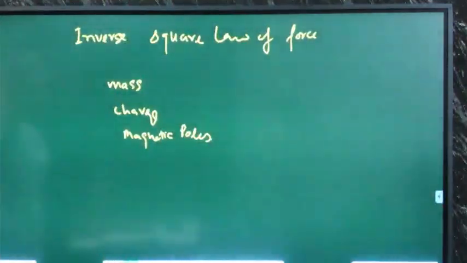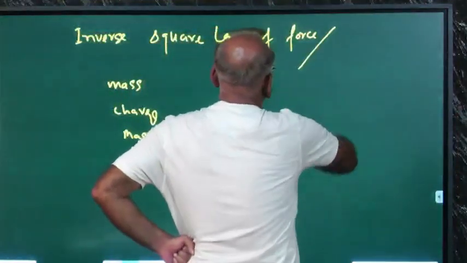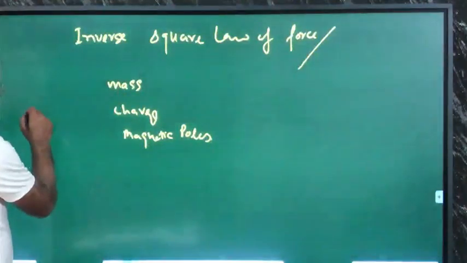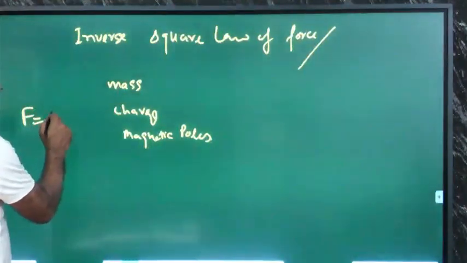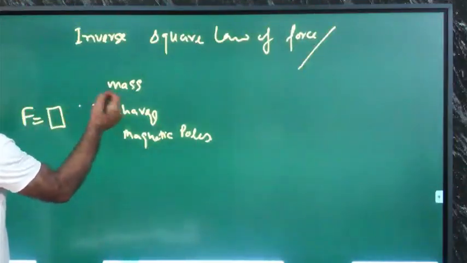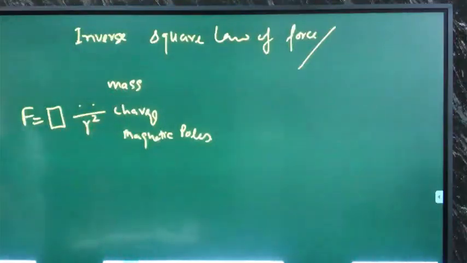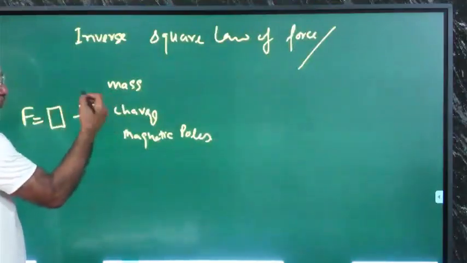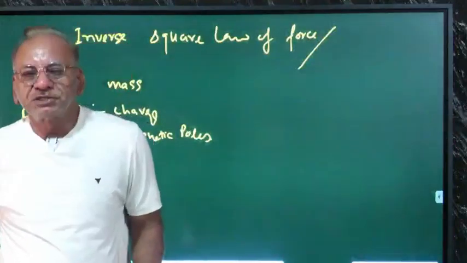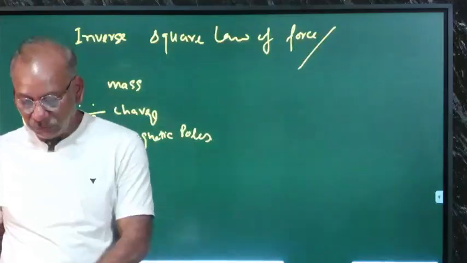We will always follow this inverse square law, where force is equated to one constant and m1 m2 or q1 q2, and this distance is always common. Here it may be m1 m2, q1 q2, or magnetic pole strength, right? This is the whole essence of this chapter.